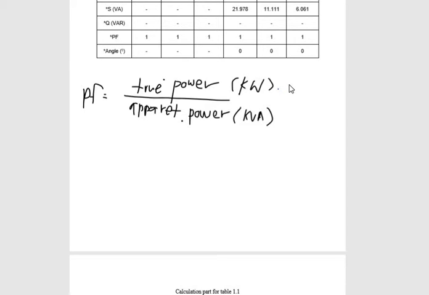What is meant by true power? True power, in simple language, is a useful power which does the work, while the apparent power is a reactive power which is a useless power.